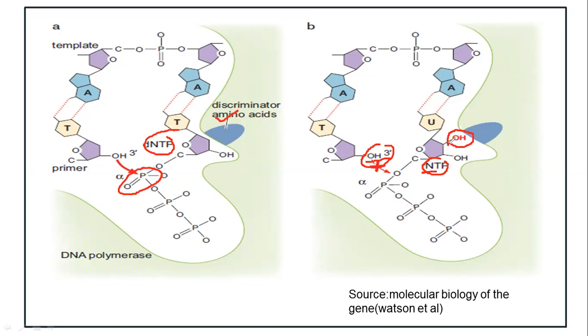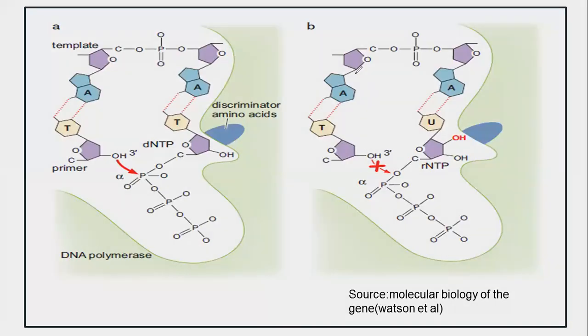But in the case of RNTPs, there is an extra OH, the 2' OH, because in deoxyribose the OH group is absent at the 2' position. In RNA, the 2' OH is present. Due to this 2' OH, steric hindrance occurs, and this steric hindrance is detected by the discriminating amino acids, which prevent the incorporation of RNTPs, though they are present in higher concentration.